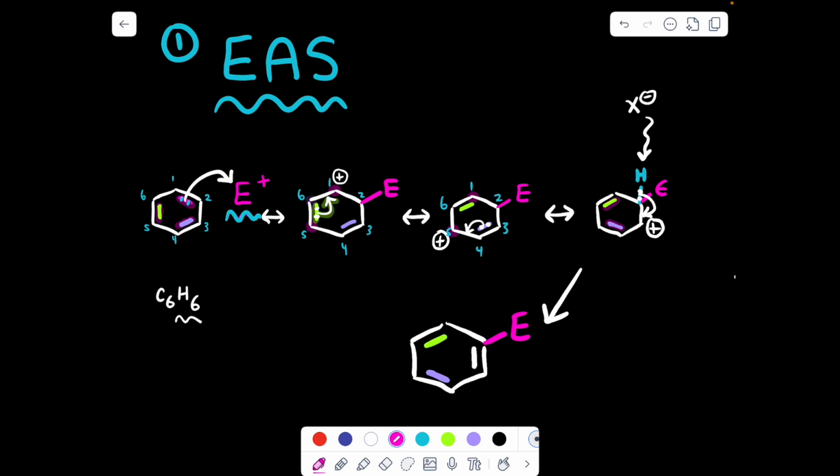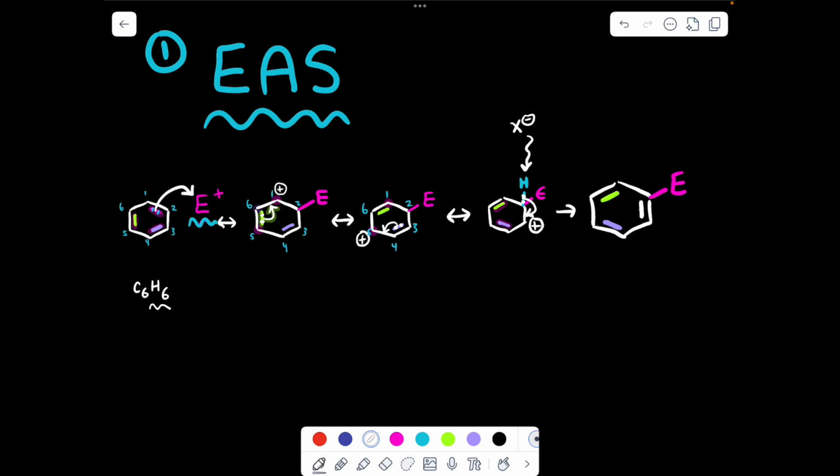So what happened? Well, benzene reacted with some E+ because opposites attract. Benzene was nucleophilic because of its reactive pi bonds. But we had to restore aromaticity. So essentially, benzene can grab an electrophilic group and not end up changed. And that is why you may see benzene represented with a circle in the middle.